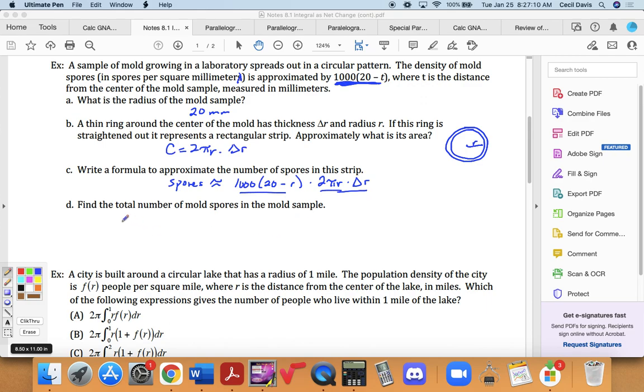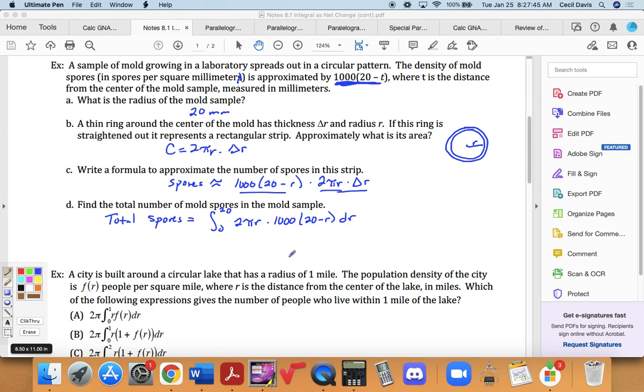So the total number of spores, how are we going to add those all together? Integral from 0 to 20 of 2 pi R times 1,000 times 20 minus R. Exactly. dr. The delta r gets replaced with dr because instead of having a thickness, we have some infinitesimally small thickness.